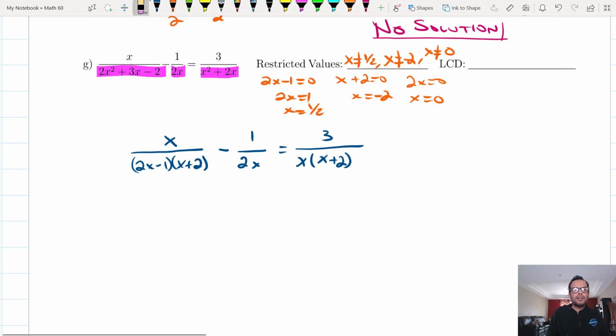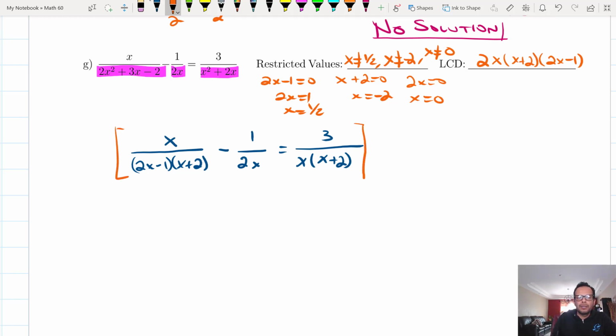So in this case, the product between the quantity x plus 2 and the quantity 2x minus 1. However, notice there is a numerical factor of 2, so we include that in the least common denominator. So let's multiply both sides by the LCD, right? 2x times x plus 2 times 2x minus 1.